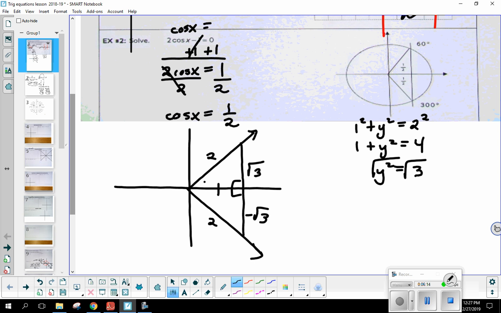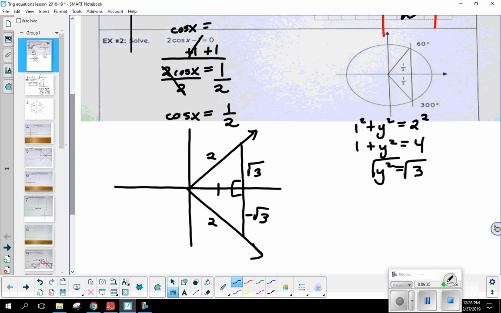Okay. Now, remember what I said? If these don't create a triangle, it's got to be a quadrantal. But we got a triangle. In fact, what special right triangle did I get? 30, 60, 90. The only question, this angle right here, the reference angle, is that 30 or is that 60? It is 60.